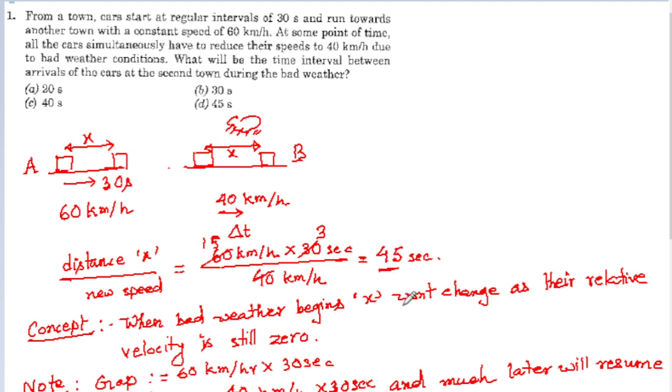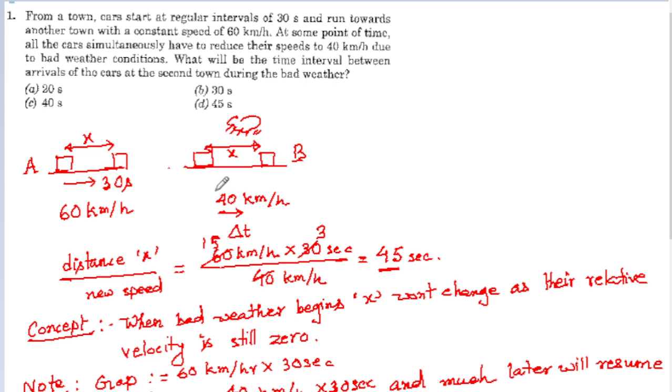But after a long time of the bad weather, the time gap to arrive at town B will be the same as 30 second.